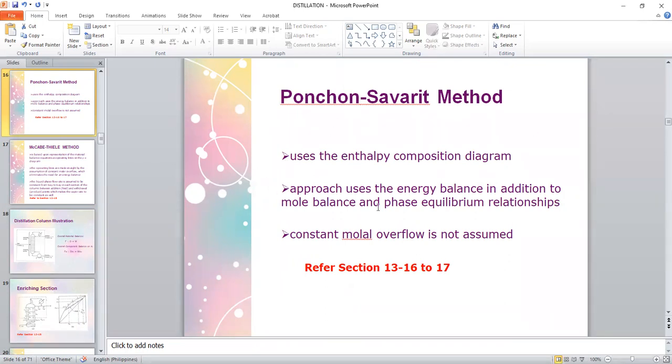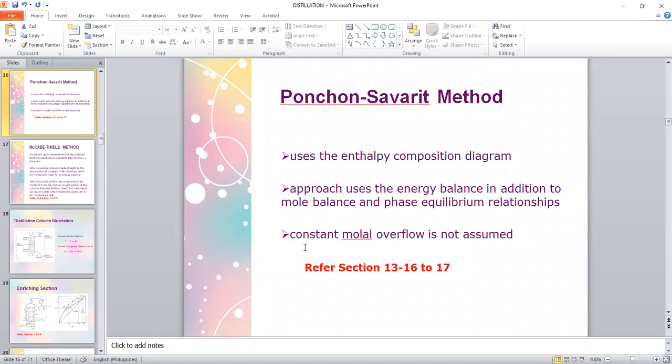In the case of Ponchon-Savaret, we add to the material balance equations the enthalpy balance or energy balance, which relies on the enthalpy composition diagram. The approach here uses the energy balance in addition to the mole balances and the phase equilibrium relationships.